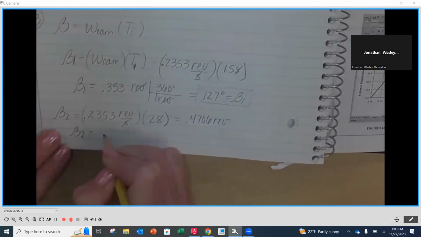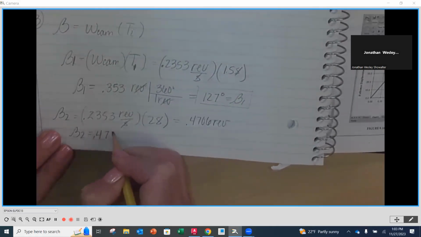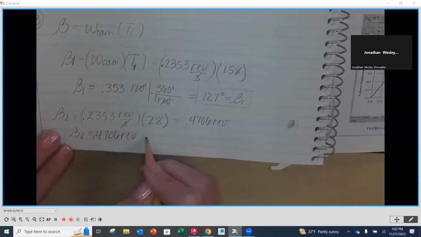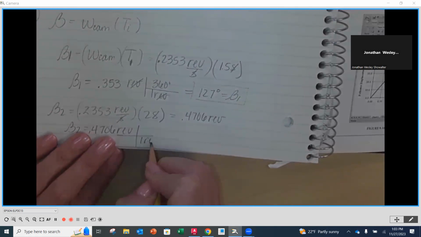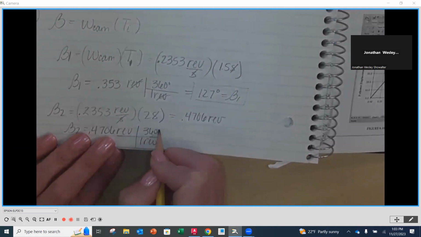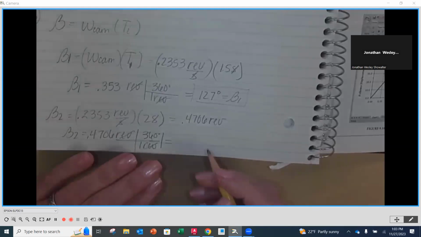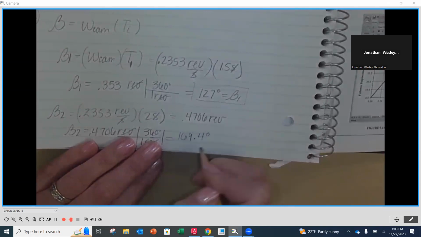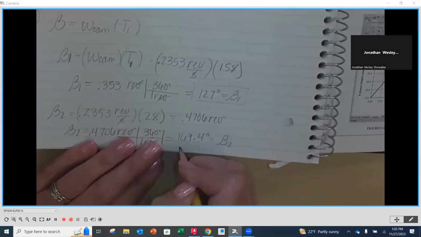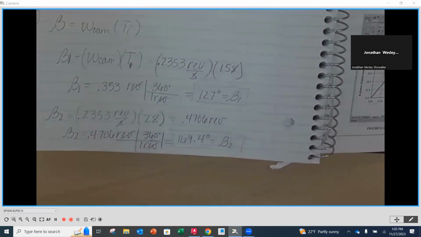We want to convert that to degrees. So 1 revolution is 360 degrees, revolutions cancel, and that would be 169.4 degrees. That's going to be our beta 2.